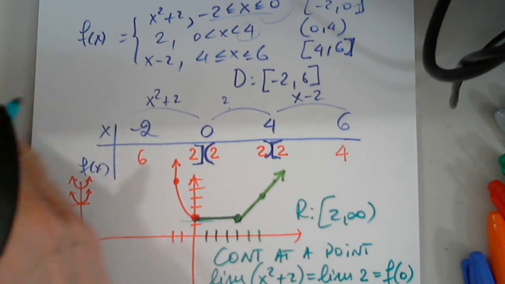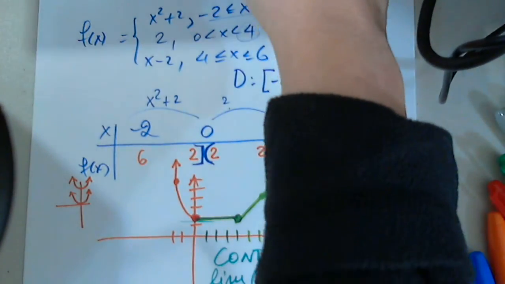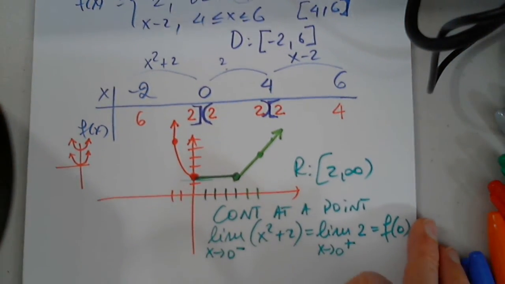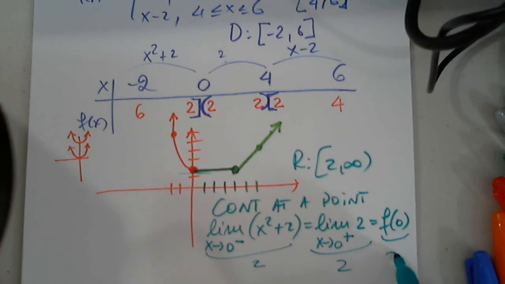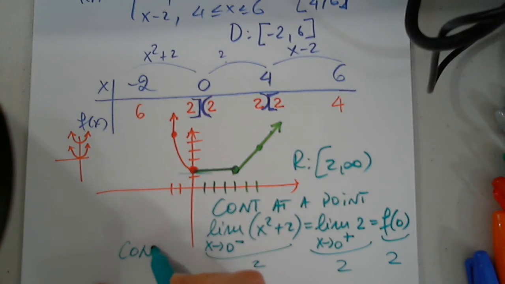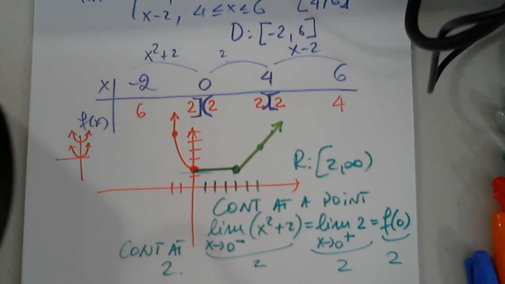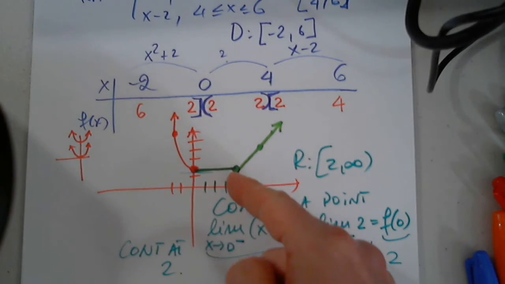And this happens that are all equal. This is 2, this is 2, this is 2. So the function is continuous at 2. Now the question is, and the same at 4.